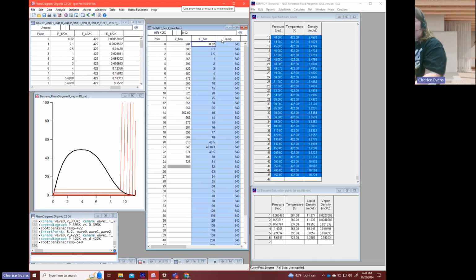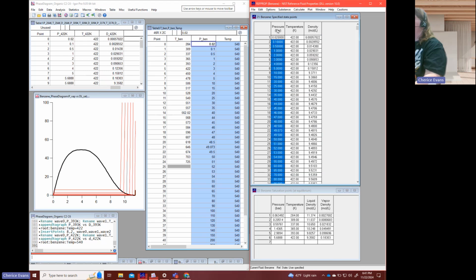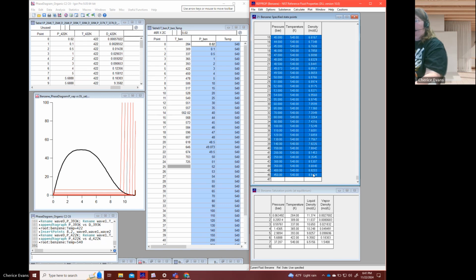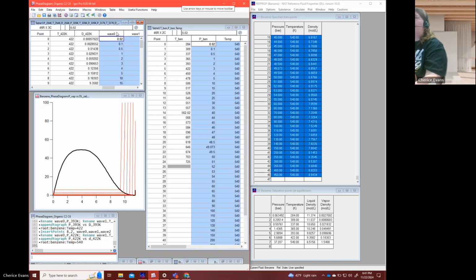I'm going to do that so that you can see first of all how far the density change is shifted.